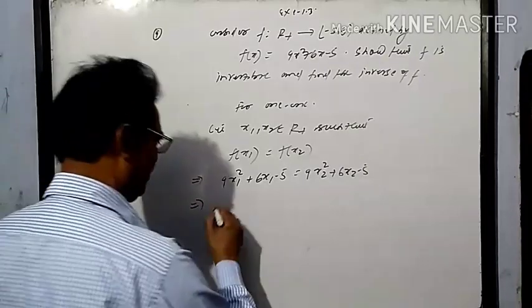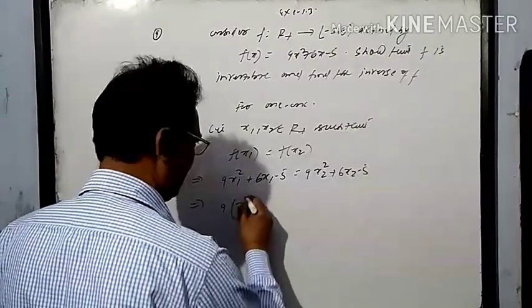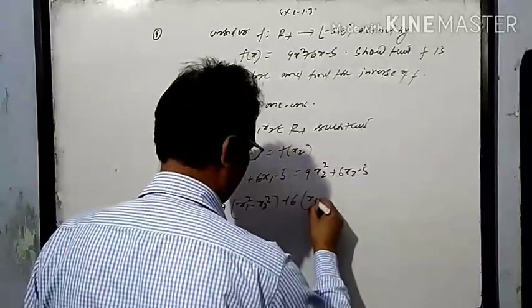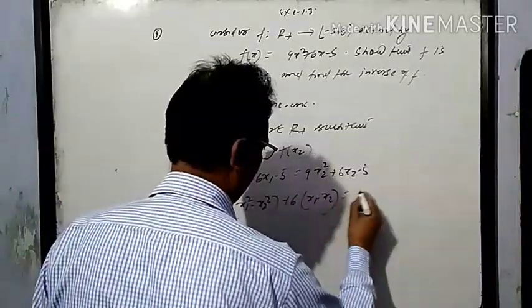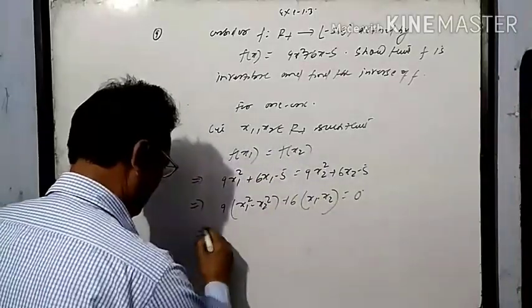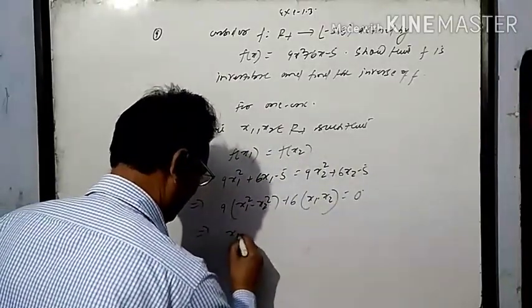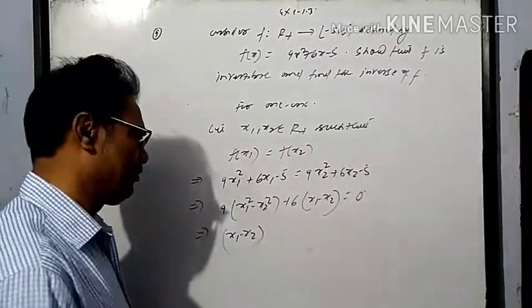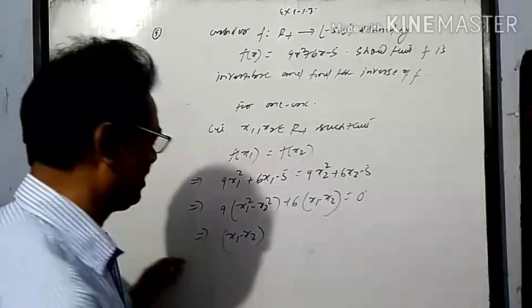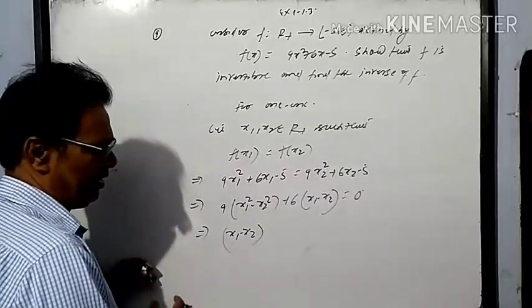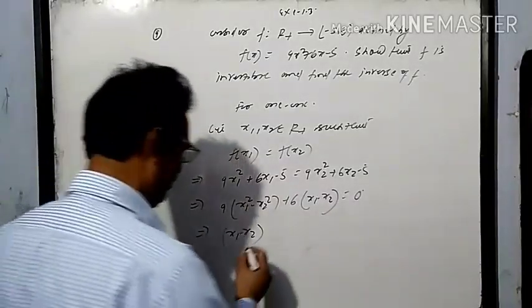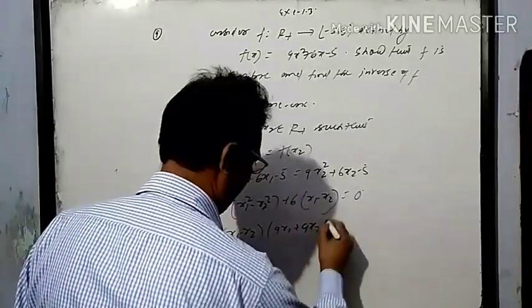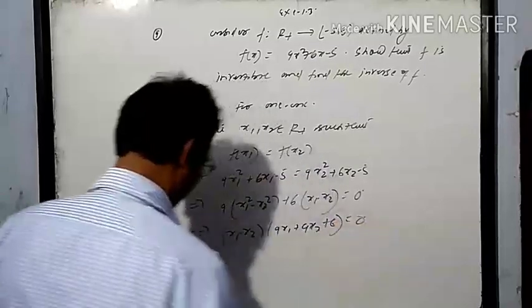This implies that 9(x1² - x2²) + 6(x1 - x2) = 0. Since x1² - x2² = (x1 + x2)(x1 - x2), taking x1 - x2 common, (x1 - x2)(9x1 + 9x2 + 6) = 0. This implies that x1 - x2 = 0.